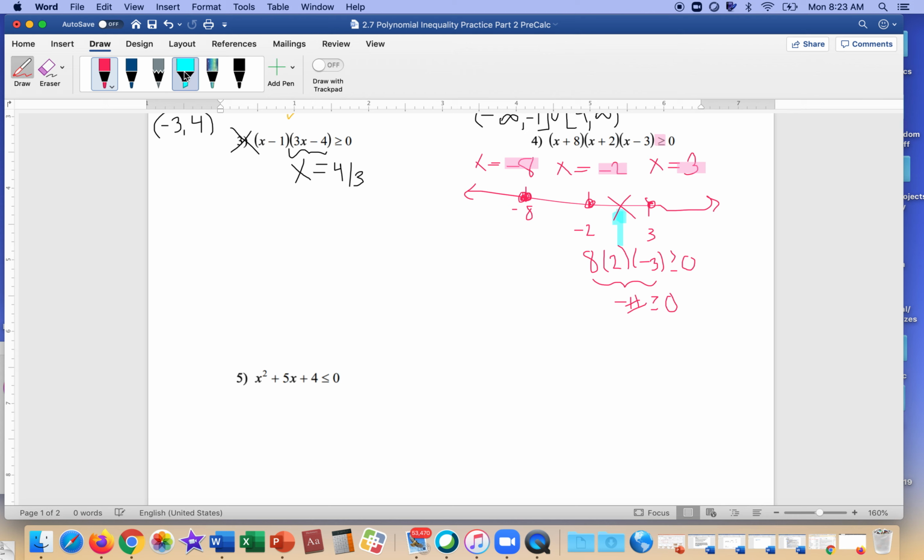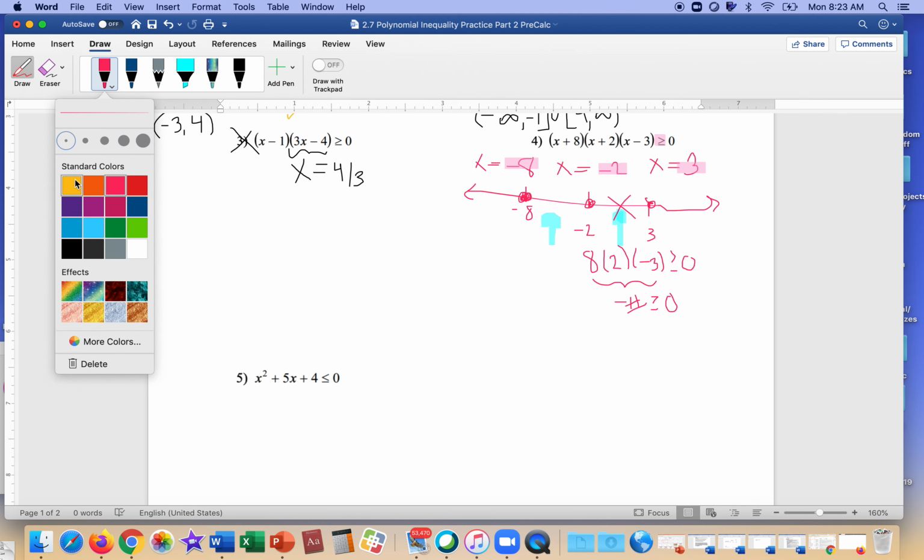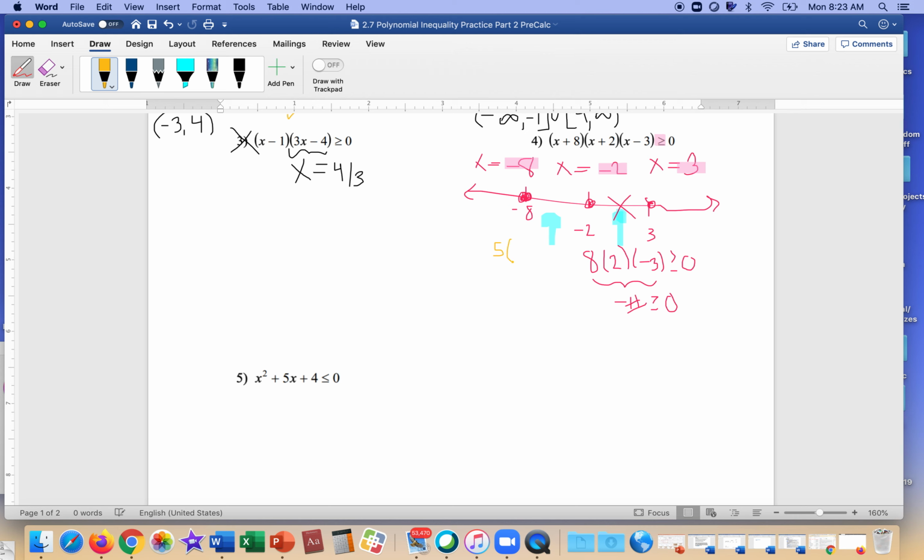Now let's pick a number in this region. So if we've tested a number in this region, let's test -3. So -3 plus 8 is 5. -3 plus 2 is -1. -3 minus 3 is -6.